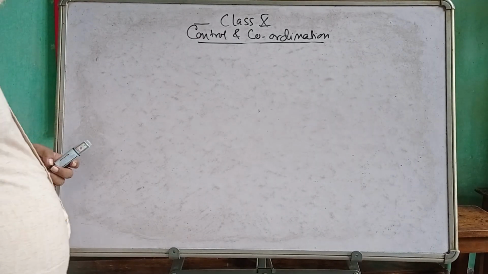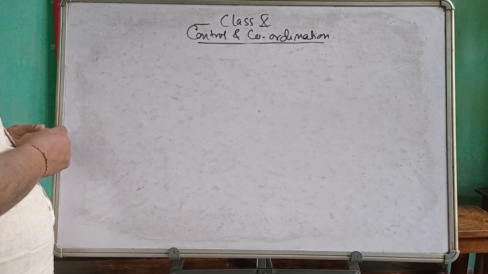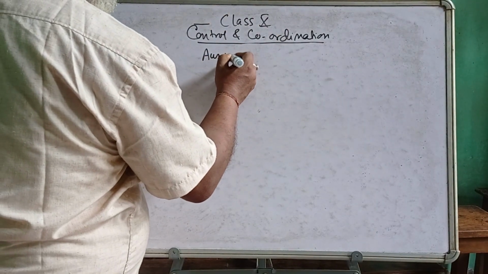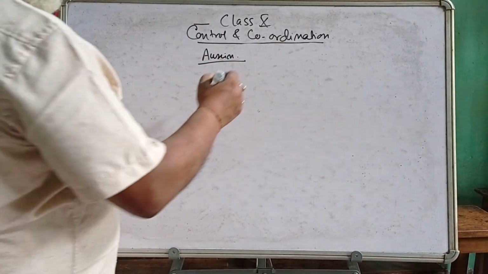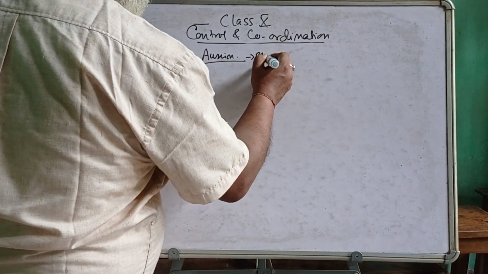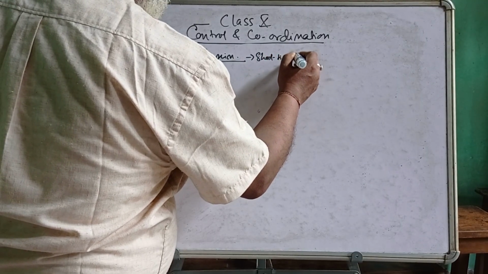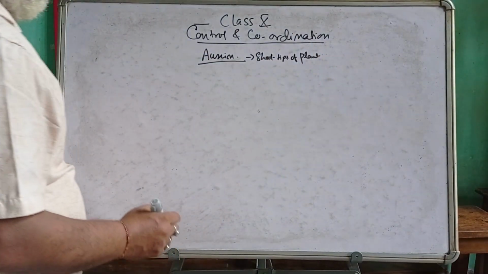Controlling hormones are also secreted in plants, like auxin. It is formed at the shoot tips of a plant.